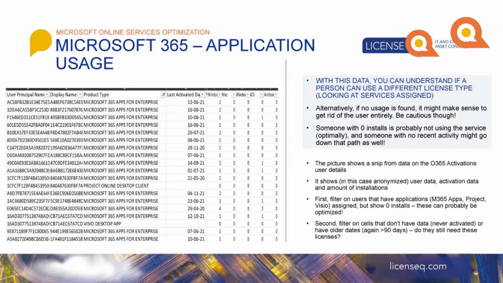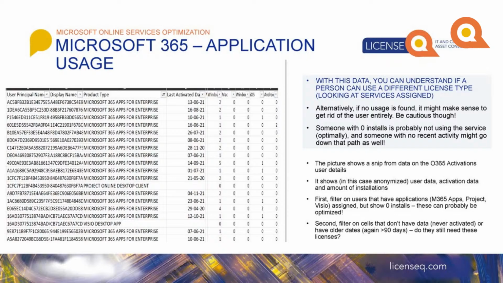So a user might have M365 apps for enterprise, Project Online desktop client, or Visio desktop application, but it might not be using it. So if you look at the Project Online desktop client that you see here on the screen, it has not been activated, and there are no installations because it all reads 00000. So the person that has been assigned this Project Online desktop client might not need the Project Online license.